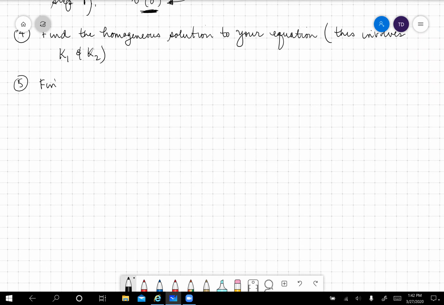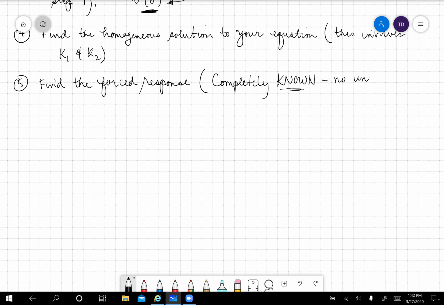Then find the forced response. Just as a reminder, this is completely known. No unknown constants. Step 6, form the complete solution.